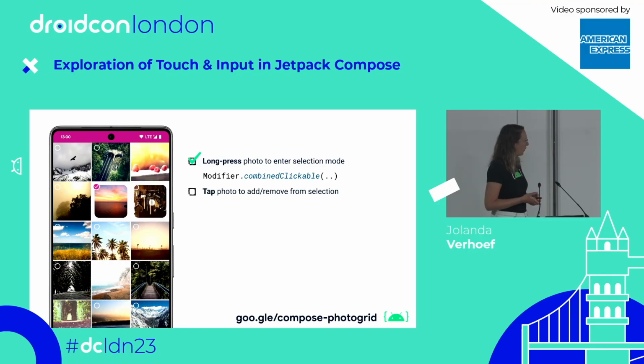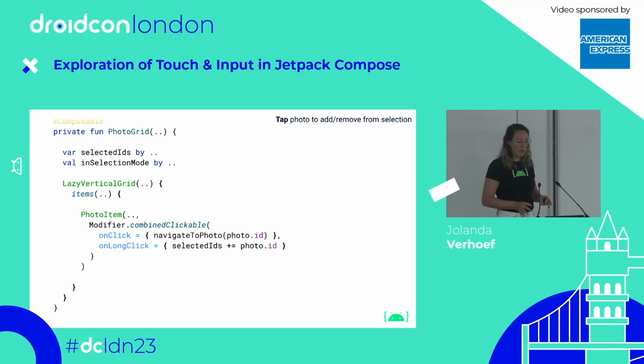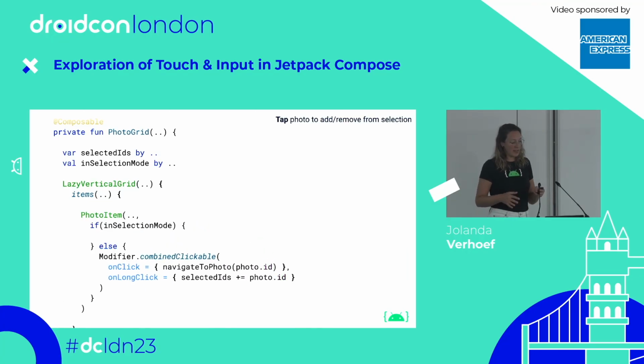We want to create this kind of behavior: clicking adds and removes. So let's go back to our photo grid composable and adapt this gesture behavior. We want it to be different depending on our in-selection-mode state, so we can add an if-else statement and apply a different gesture handler based on the value of in selection mode. It's quite cool that in Compose code you can just add these if-else statements and do different things depending on your state.